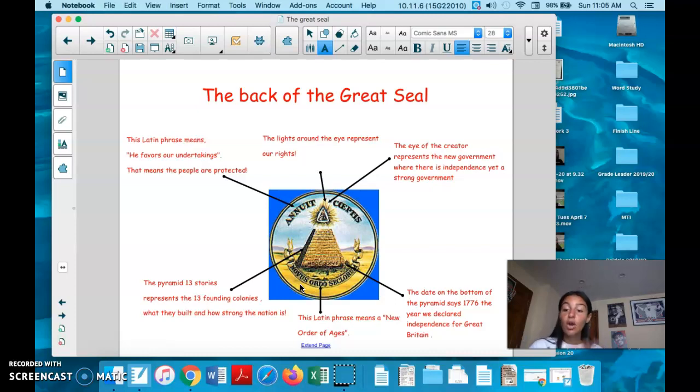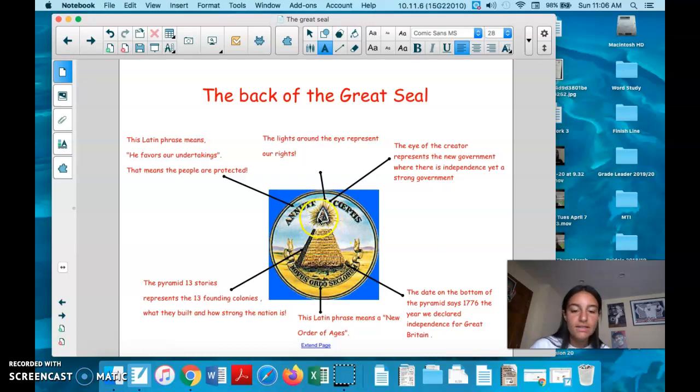That means that we are now a democracy. We vote for who will be president. We no longer have kings or a monarchy, which is kings and queens. The pyramid is 13 stories high to represent the 13 original colonies, and it's made out of stone to show how strong of a nation we really are.